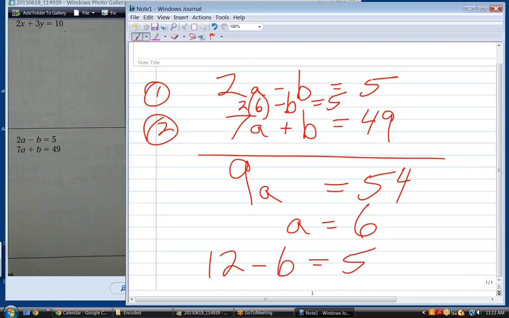Now you got it. Whenever you move something to another side, it changes its sign. So it becomes a plus b. And then it'd be 12. Well, we gotta move the 5 to the left. How do we move the 5 to the left? Oh, I get it. Okay, so it's 12 minus 5. So it ends up being 7 equals b.